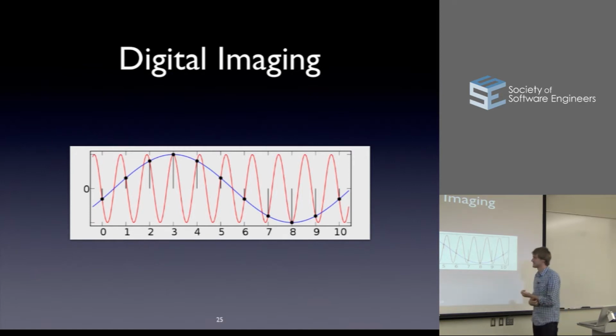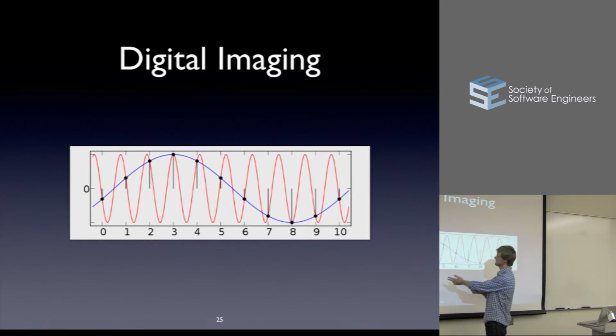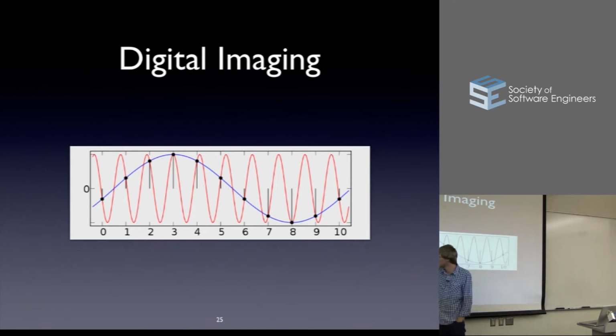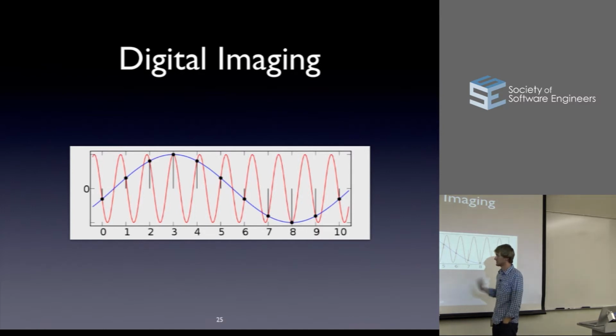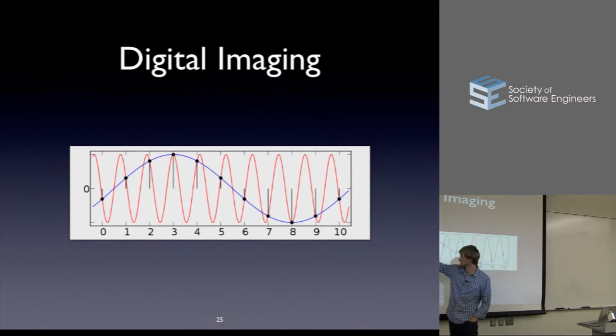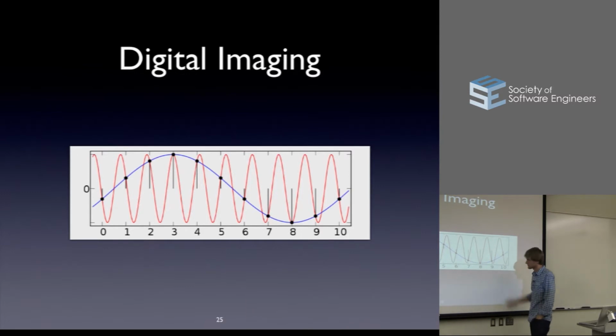Aliasing is the artifact that occurs where you have a high frequency, here the red wave, and if you sample it at discrete units, 0, 1, 2, 3, 4, it can be presented as being a low frequency signal.